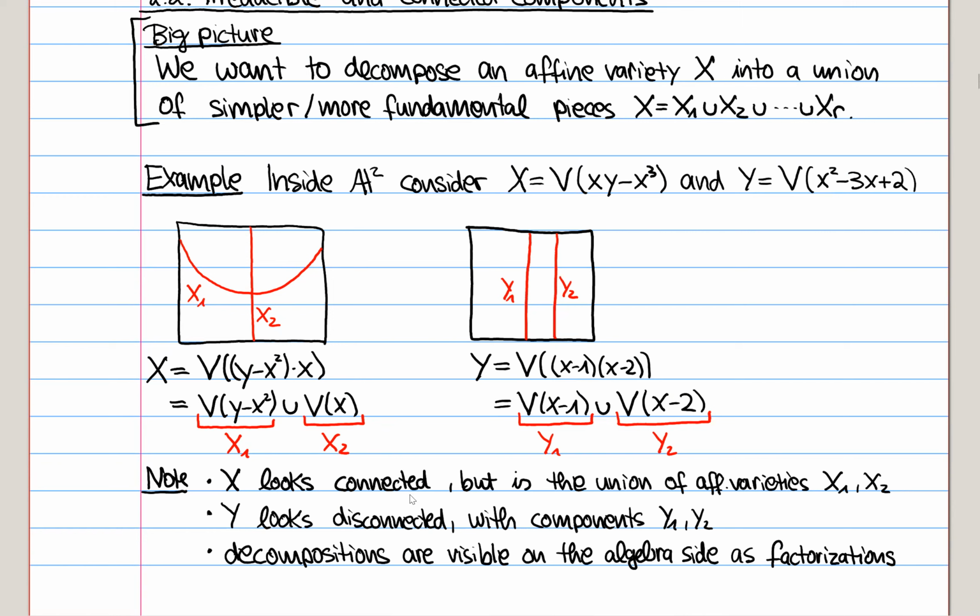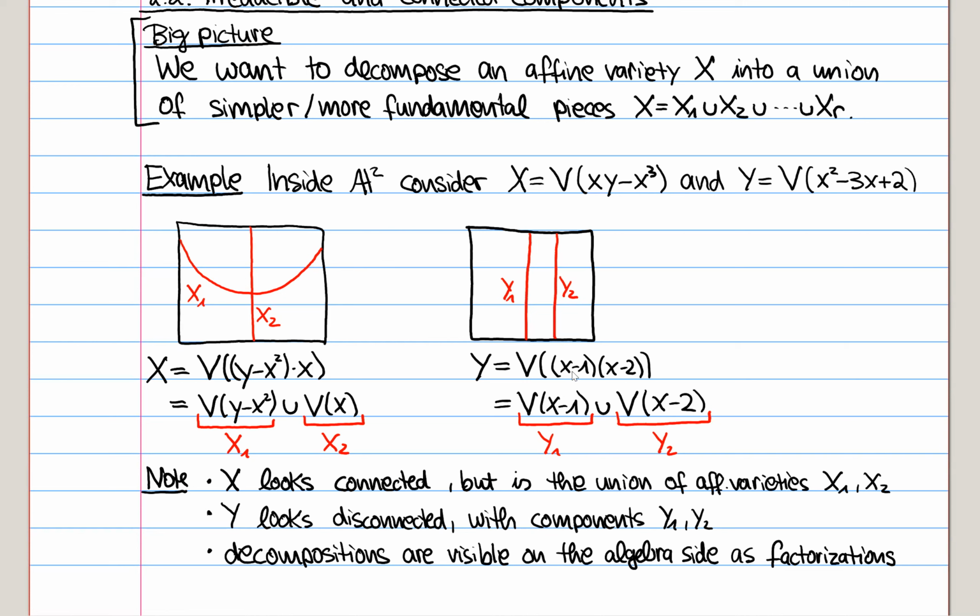And so as a result, if you look at X, we think that probably this is a connected space. Certainly this picture here is connected. You can walk from any point to any other point like this. It is connected, but it is still a union of affine varieties, whereas this looks disconnected. And the connected components of Y should be these two things.